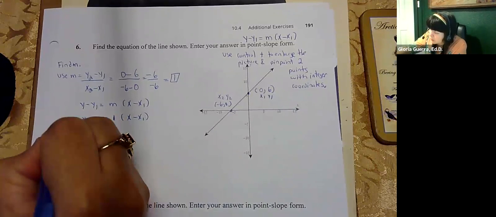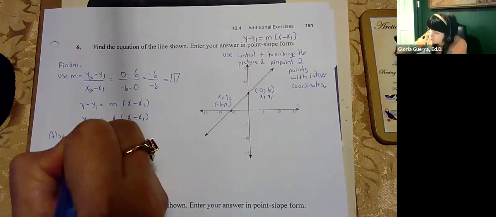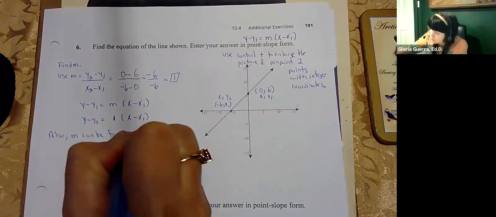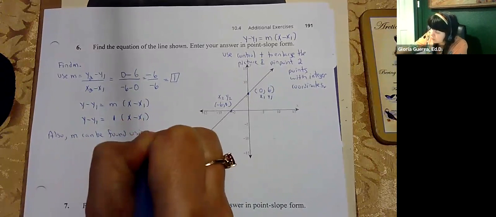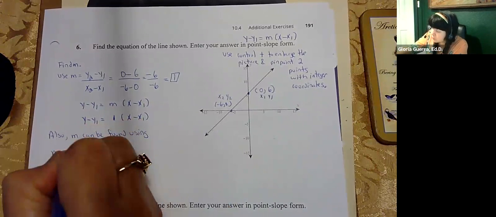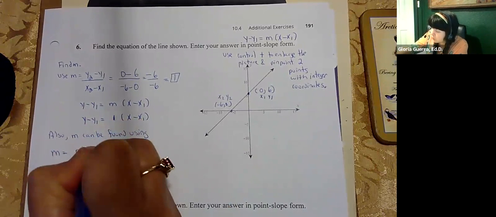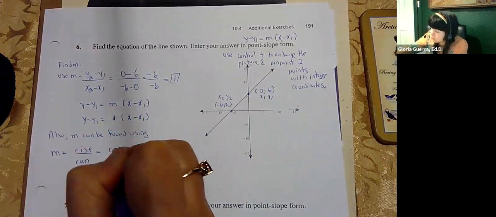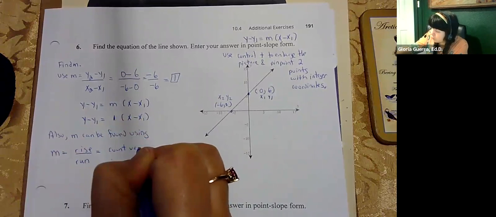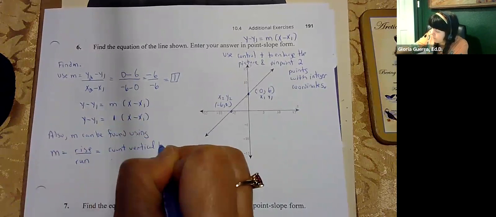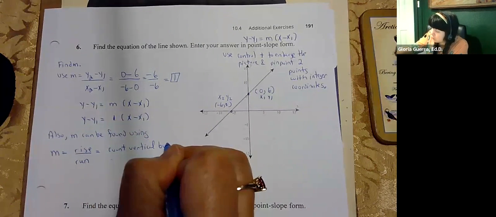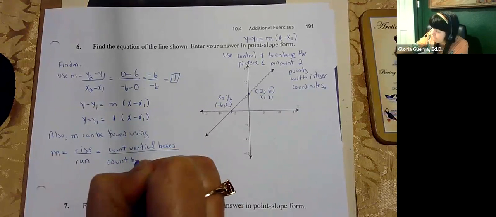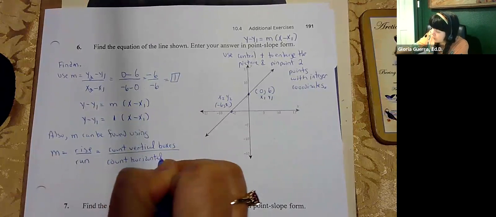Also, m can be found using the idea that m is equal to rise over run, where you count your vertical boxes and you count your horizontal boxes.